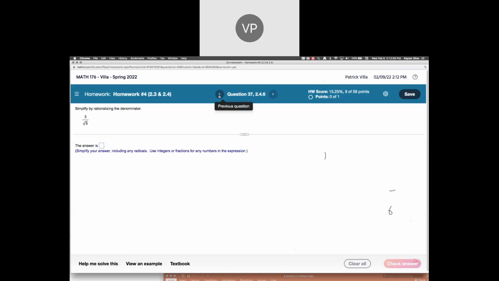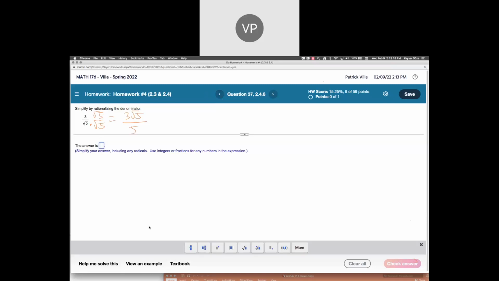When you're rationalizing, remember the rule. You don't want to have a fraction inside of a square root, and you don't want to have a square root on the bottom. So when you have a square root on the bottom like this, the solution is I just need to go and multiply the top and bottom by that root. And I get a 3 root 5 on top, and on the bottom I get a root 5 times a root 5, which is just a 5, and that would be my answer.